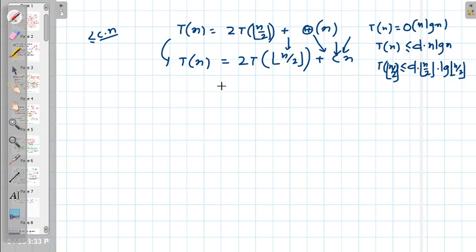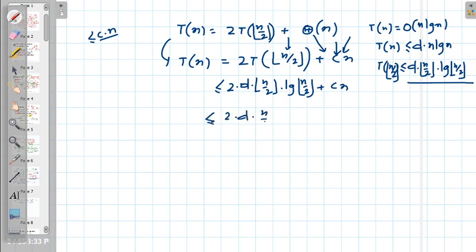So now we are getting that this is less than or equal to 2, this value I am putting here. So d times n by 2 floor log n by 2 floor plus Cn. Then I can say this is 2d, we are omitting floor, this plus Cn.